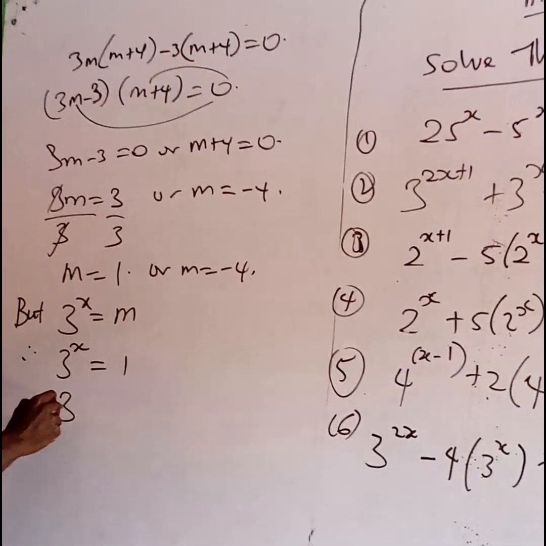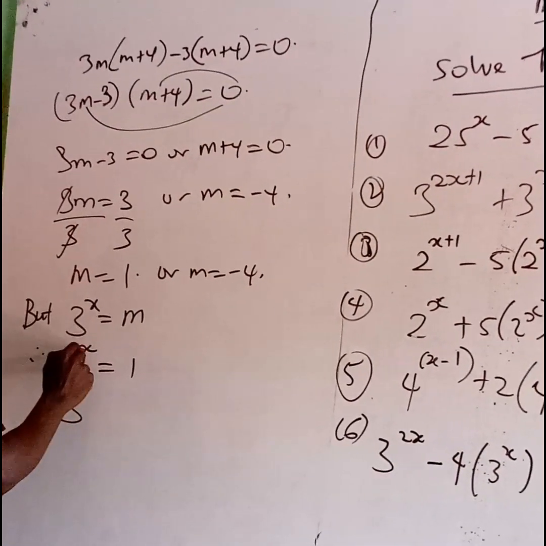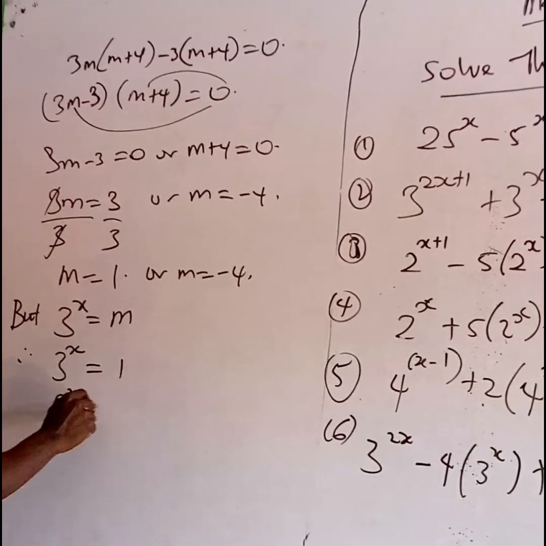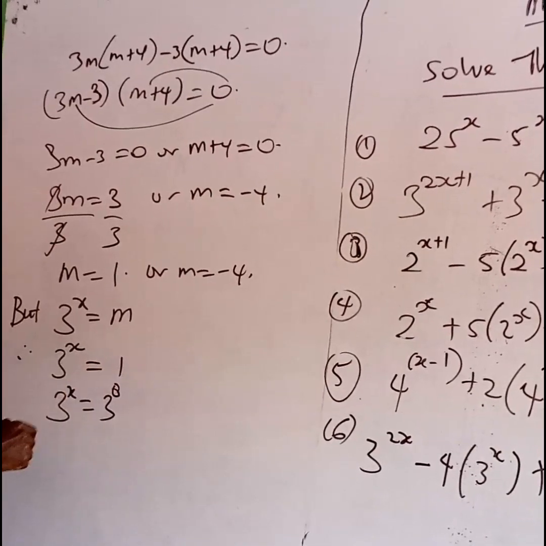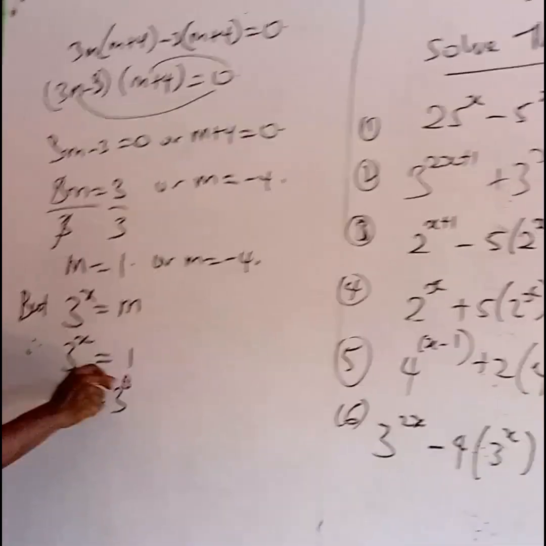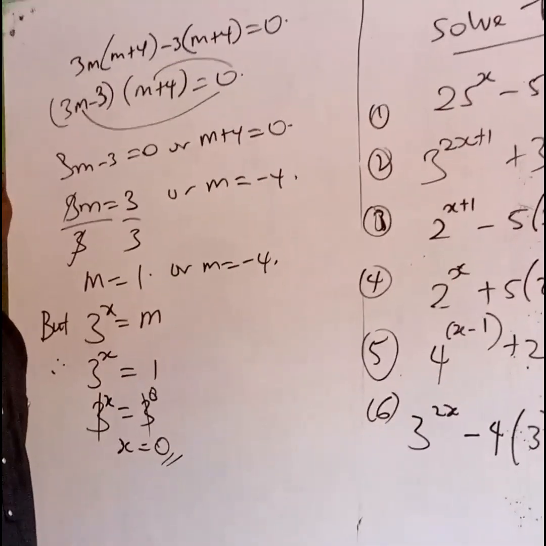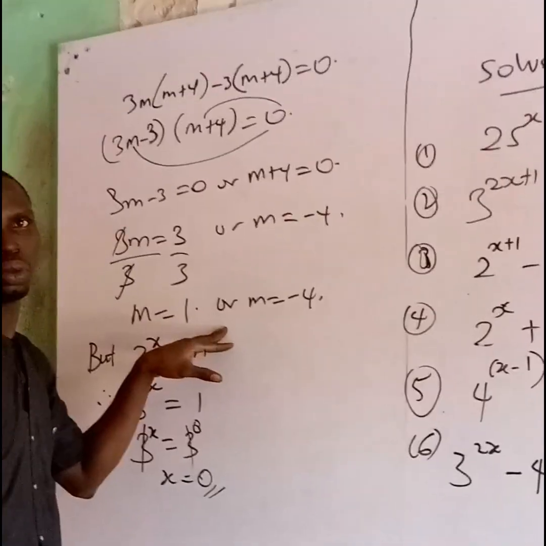So 3 raised power x now, you have 3 raised power x will give you 3 raised power 0. Do we get that? Now 3 will cancel 3, x now will give you 0. I said we don't reckon with negative when we are doing the exponential function.